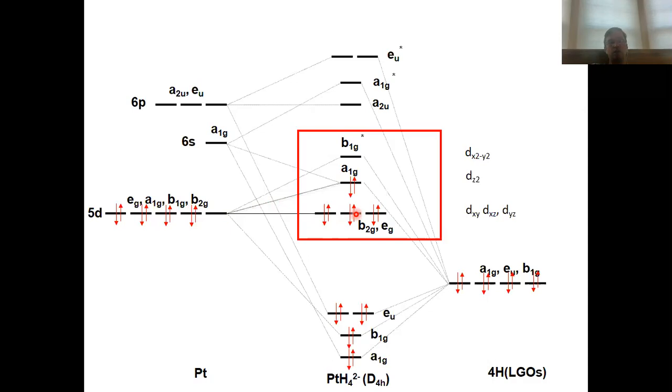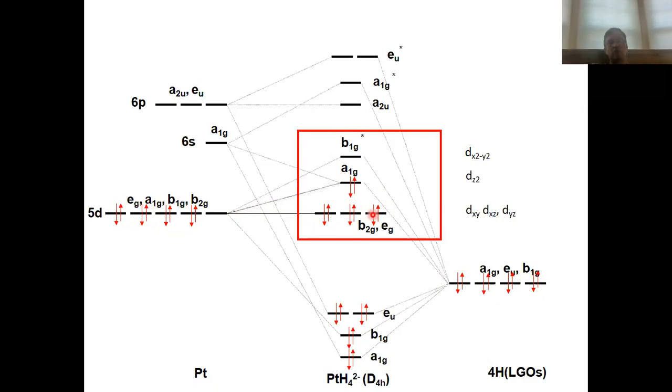Okay. So next you can, for instance, pick these Eg orbitals, of which there are two. There are no other Eg orbitals. We don't have Eg ligand group orbitals, so therefore these Eg orbitals here also remain non-bonding. You write them with the same energy into the molecular orbital diagram.